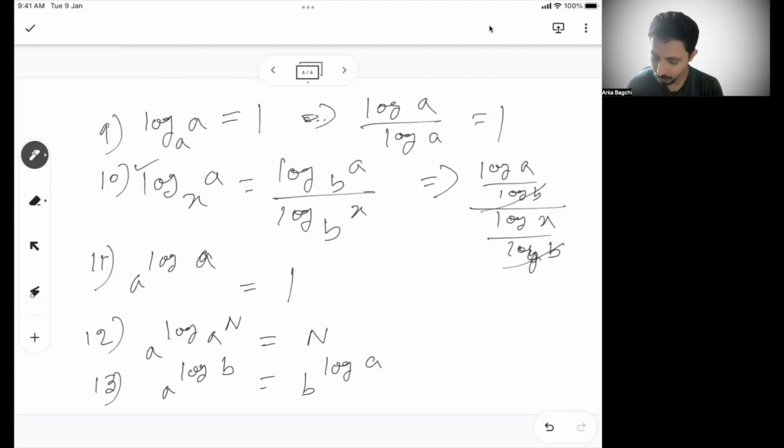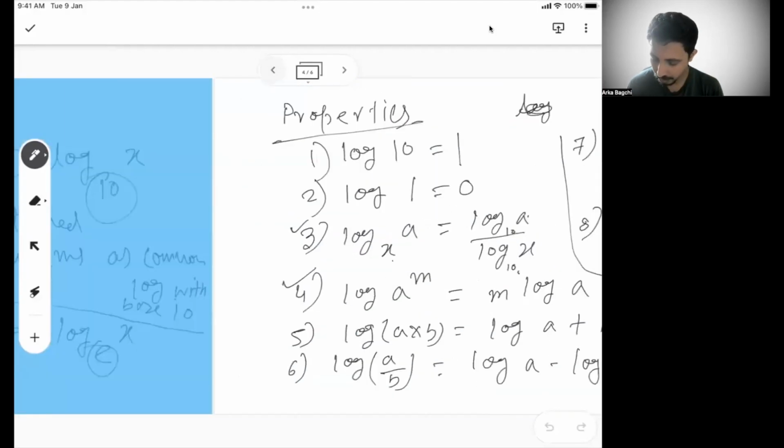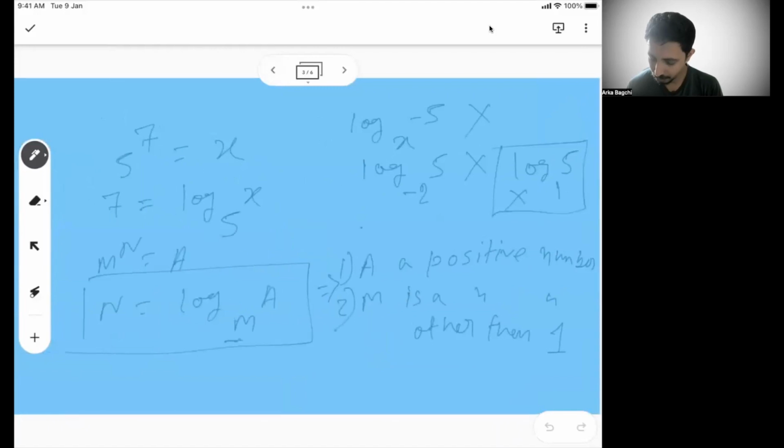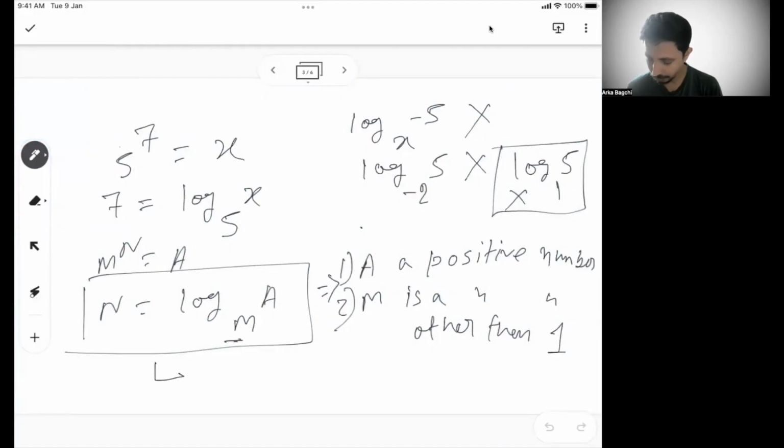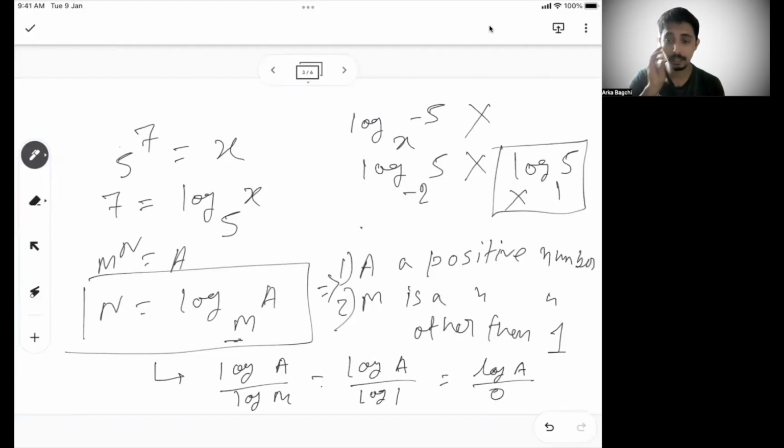Now, if I go back and see here, why I was saying the base cannot be equal to 1, because then you can write this as log a by log m. If your base m is 1, then log a by log 1, and like we know, log 1 will become 0. So then it cannot be equal to 1, because then it becomes indefinite.